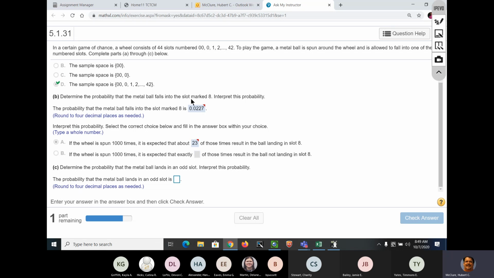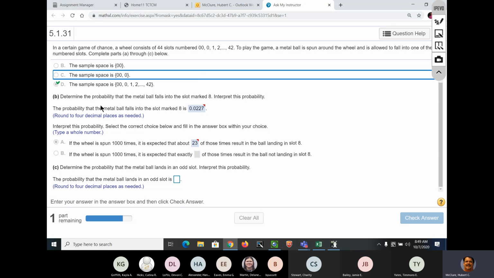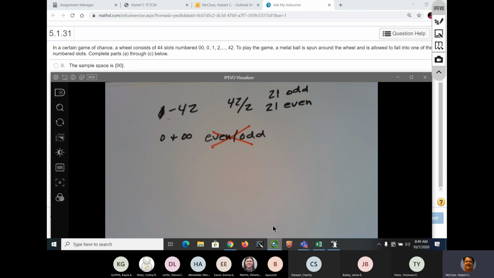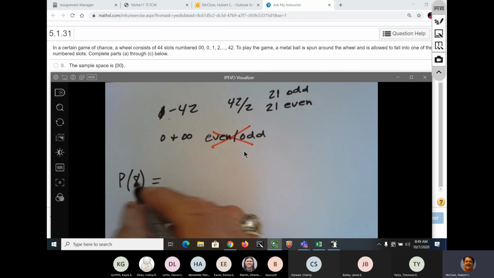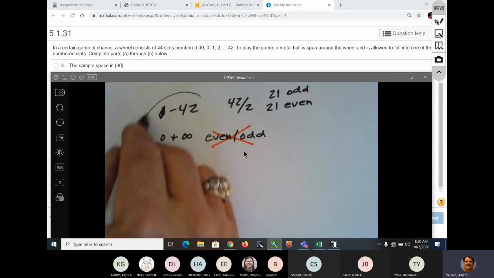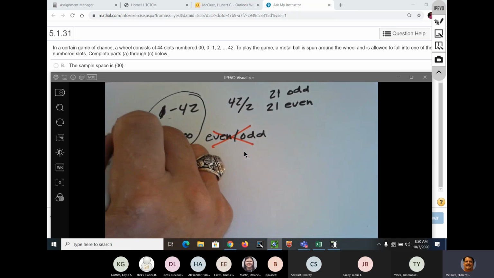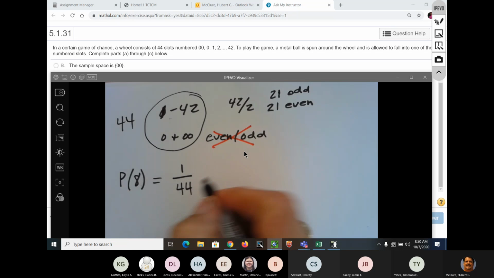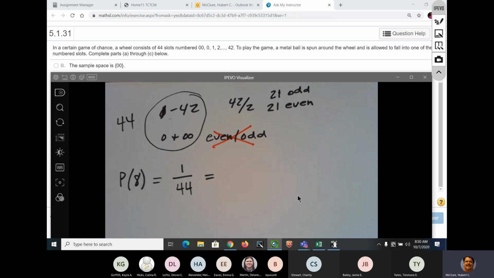Determine the probability that the metal ball falls in the 8 spot. So the probability of winning here would be the probability of 8. Well, that would be number 8. There's only one number 8, so that would be 1 over, how many slots are there? There's 44 slots. So that's equal to 1 divided by 44.